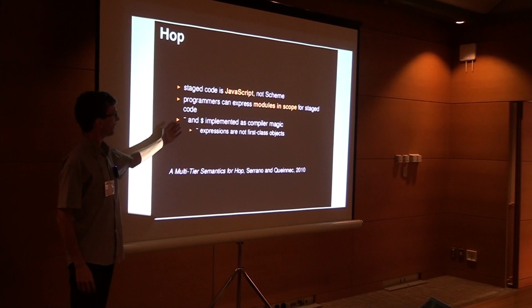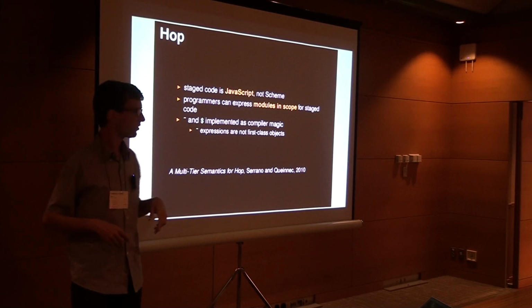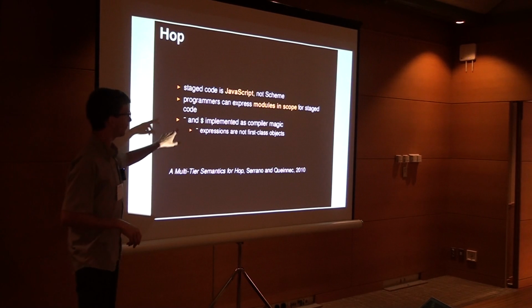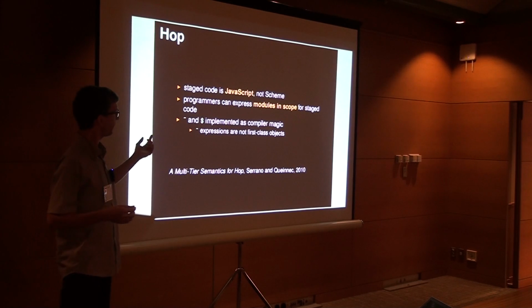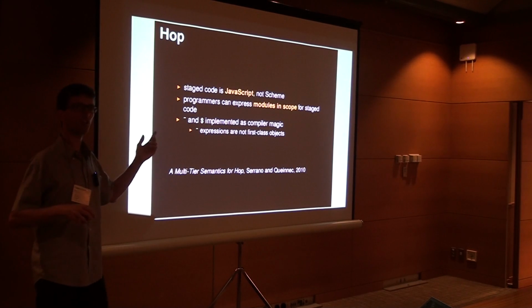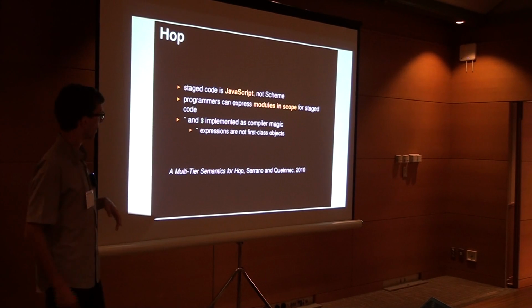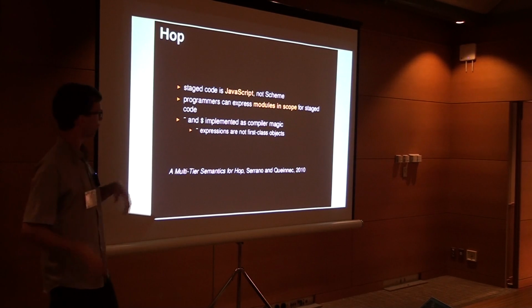One thing that is different is that Hop implements tilde and dollar as compiler magic, I would say. So these are not macros. And as a side effect, those tilde expressions are not first-class objects. I think, but correct me if I'm wrong, you cannot assign a tilde value to a variable in an arbitrary context. There are good reasons for that too, because since it's JavaScript, you cannot just do anything.